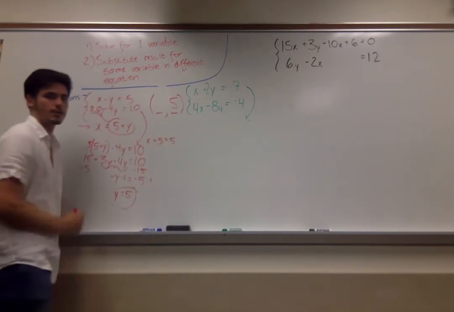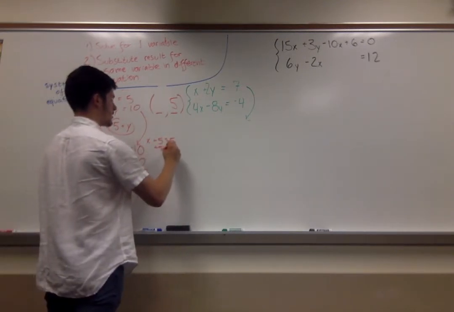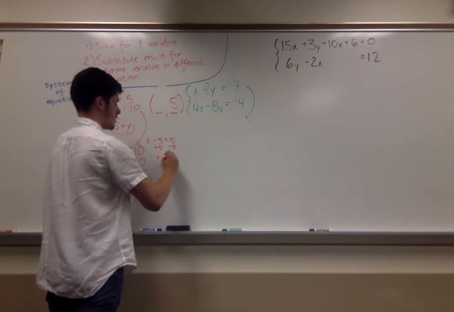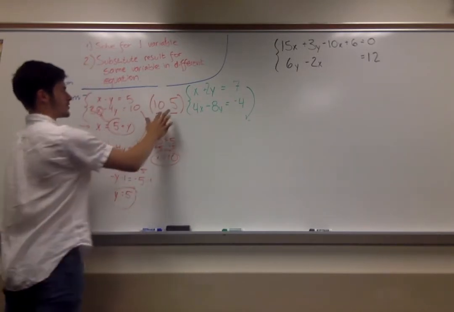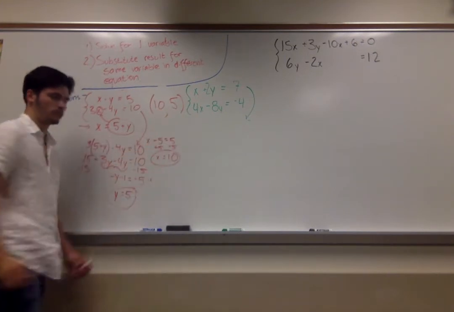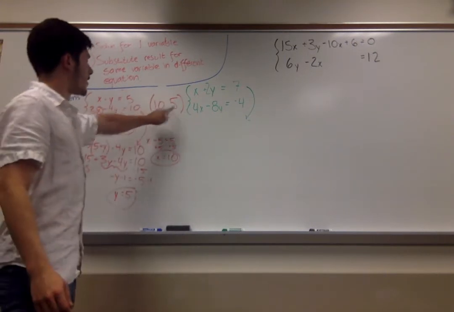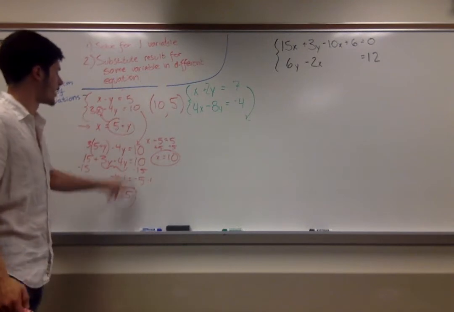And then to solve for x, we add 5 to both sides. x equals 10. Our solution then is 10, 5. So x equals 10, y equals 5.